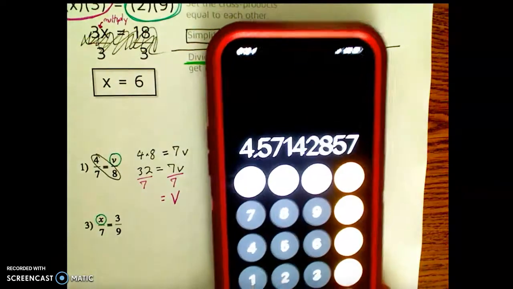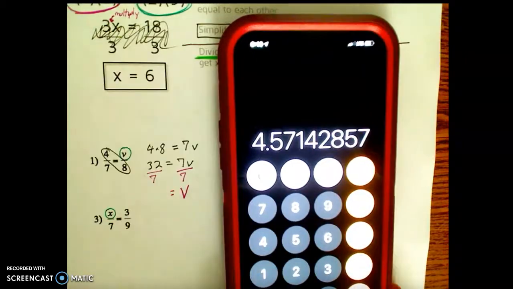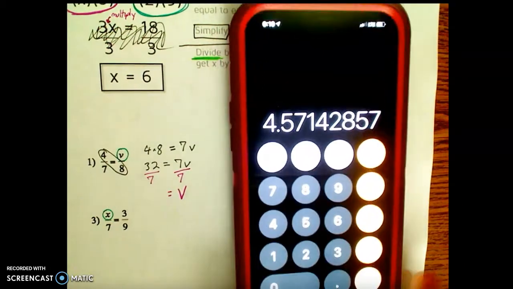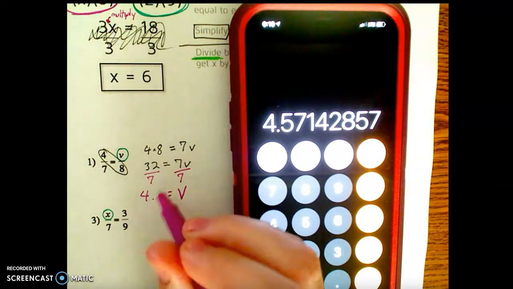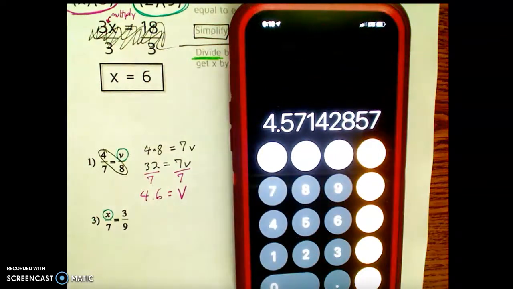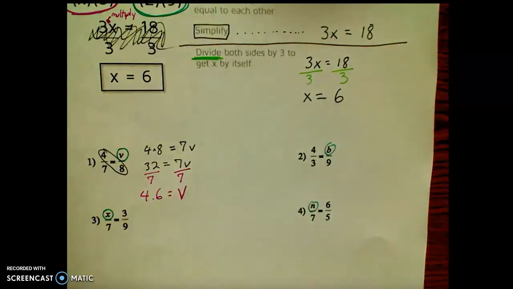Ooh, that's a long number. 4.5714. I'm going to round and call it 4.6. Voila!